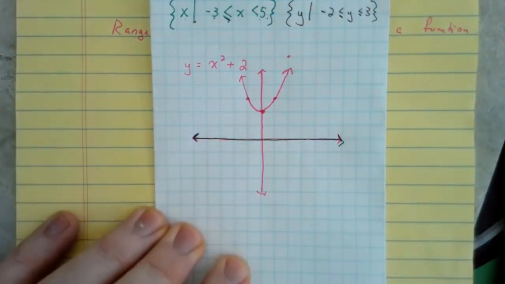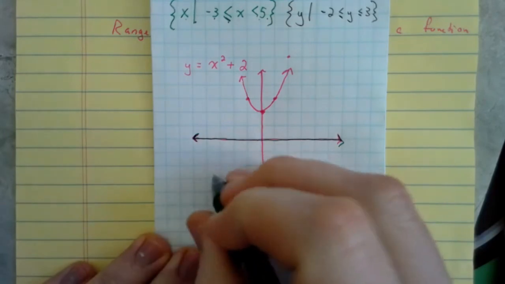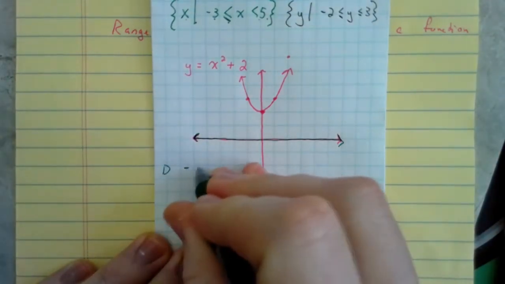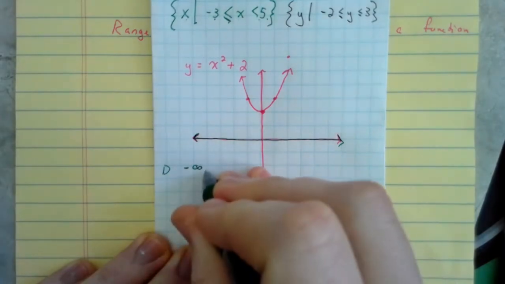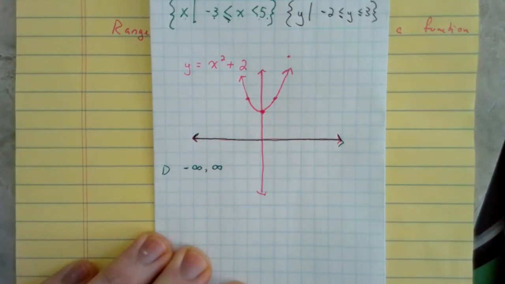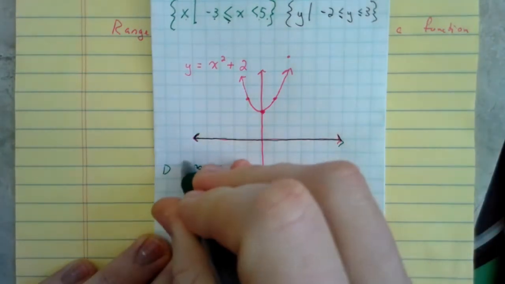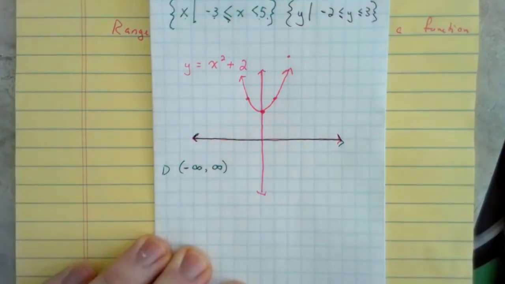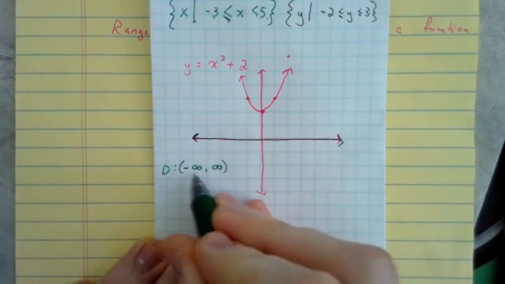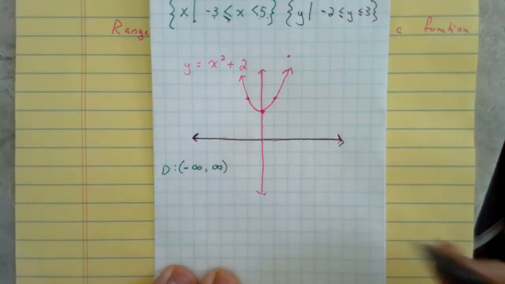So because it covers the entire x-axis, the domain extends from -infinity to positive infinity. When you're dealing with infinity, positive or negative, we always use a parenthesis. So the domain is all the real numbers, -infinity to positive infinity.